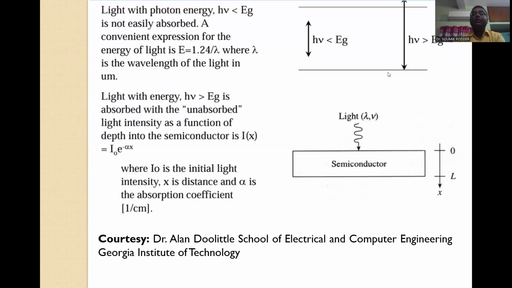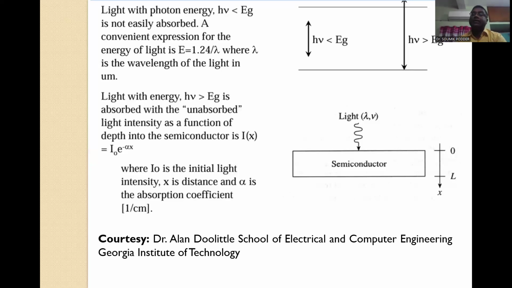So basically, first we will see carrier generation. In this case, we are observing that a semiconductor material is present. How can we say it is a semiconductor? Because there is a forbidden gap, Eg, present between the two energy states.